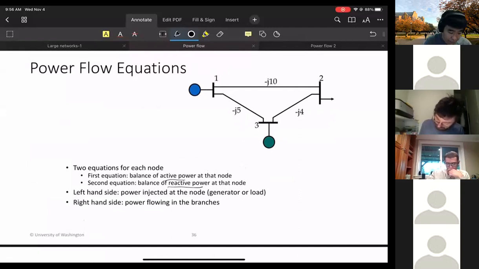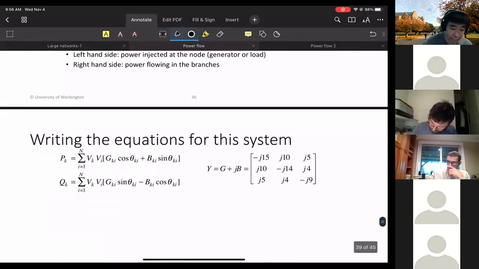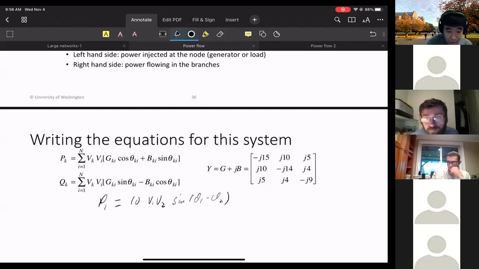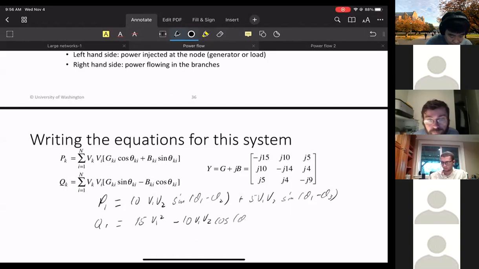If you plug everything into these two equations, what you get is P1 equals minus 15 V1 squared sine theta, this is 10 V1 V2 sine(theta1 minus theta2) plus 5 V1 V3 sine(theta1 minus theta3). Q1 equals 15 V1 squared minus 10 V1 V2 cosine(theta1 minus theta2) minus 5 V1 V3 cosine(theta1 minus theta3).